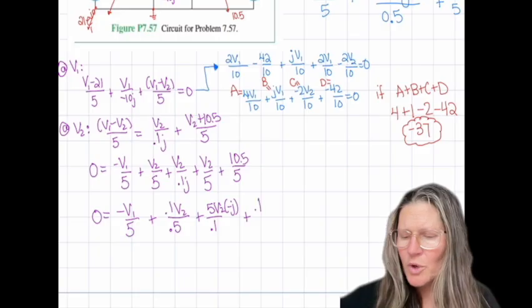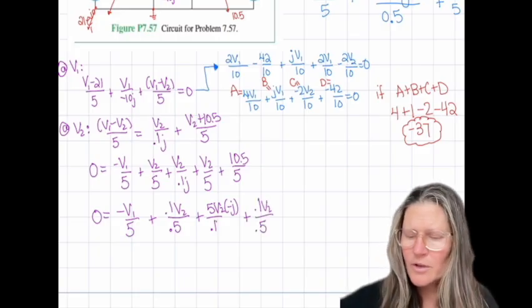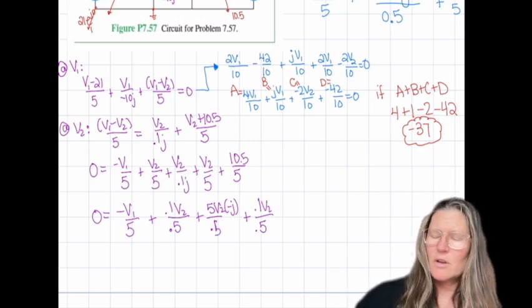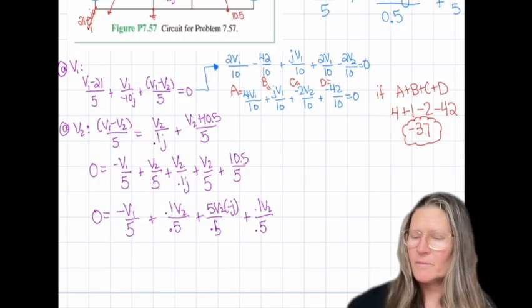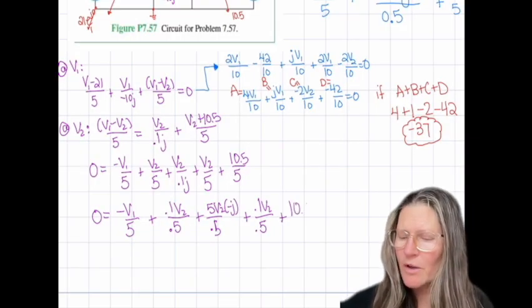And then again, 0.1 V2 over 0.5, sorry, this is 0.5. Let's see, 0.1, yeah, that's correct. And then plus 10.5 over 5.